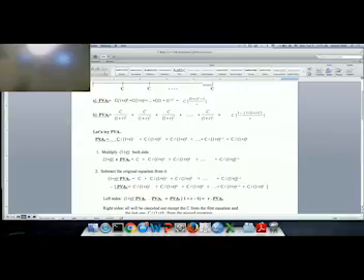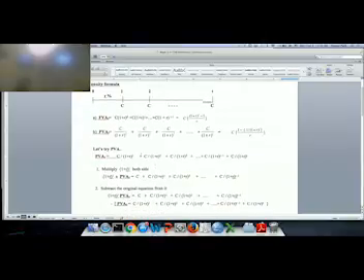So PVA, I rewrite the formula here: C over (1 plus R) to the power of 1, C over (1 plus R) to the power of 2. This first one is the value today; we are standing here.